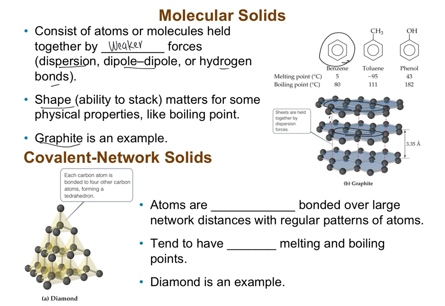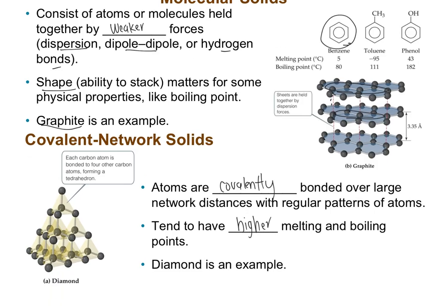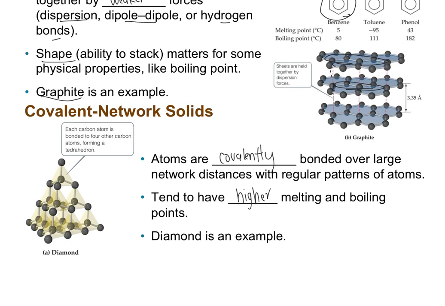Covalent network solids, on the other hand, are atoms that are covalently bonded over a large network distance, and we have this regular pattern. They tend to have a very high melting point and boiling point. Diamond is an example of this.